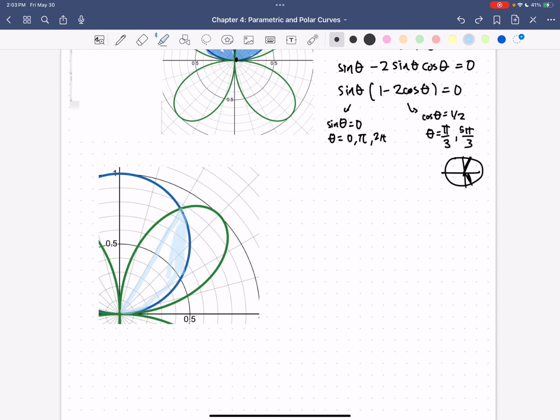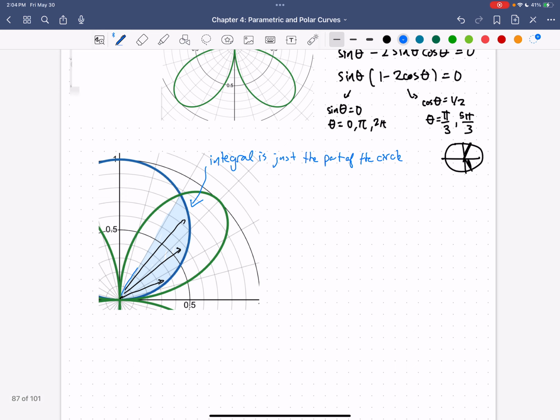We can see that we've got this part here where, if we're drawing a line starting from the origin and moving outwards, in this portion the integral is just the circle, because we can see that the petal curve is fully outside. And then at this angle here, it switches over to us actually just integrating the part of the petal.